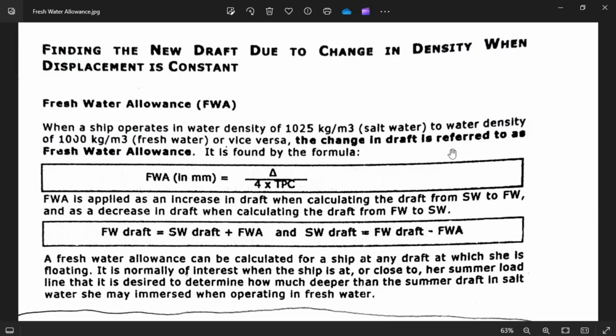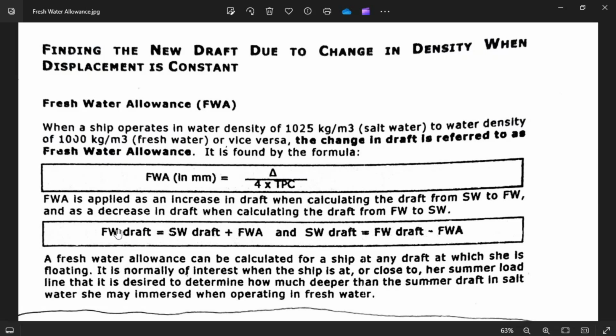The change in draft is referred to as the freshwater allowance. It is found by the formula: freshwater allowance in millimeters is displacement over 4 times TPC. This 4 is constant, and the displacement you get from the draft and multiply by TPC.